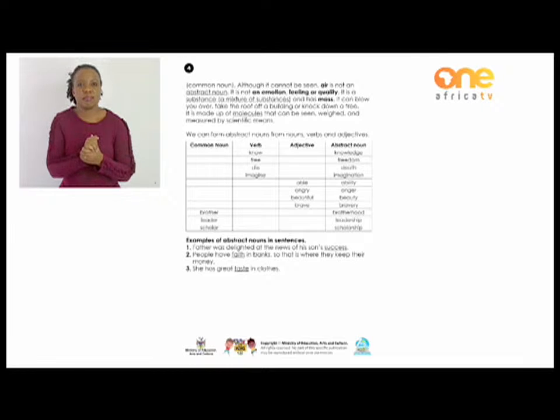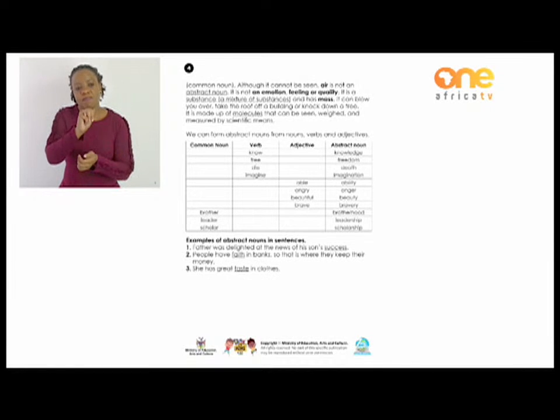This is on page, sorry boys and girls, this is on page 4. Can we turn to page 4? Although it cannot be seen, air is not an abstract noun. It is not an emotion. It is not a feeling or a quality. It is a substance, a mixture of substances, and has mass.